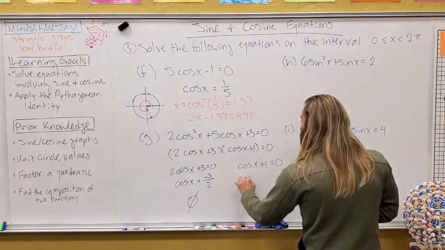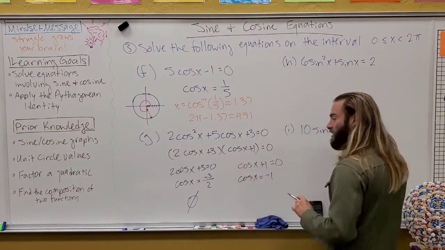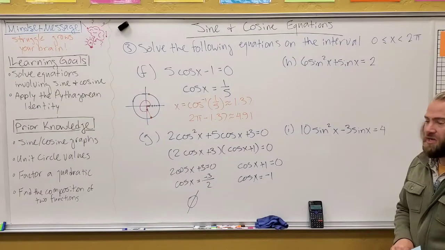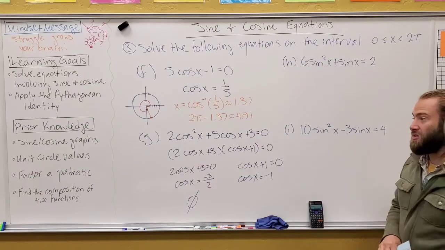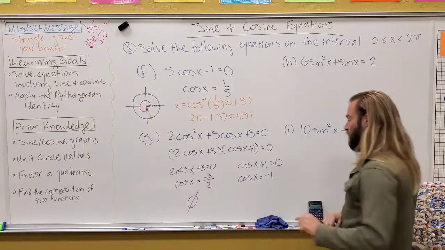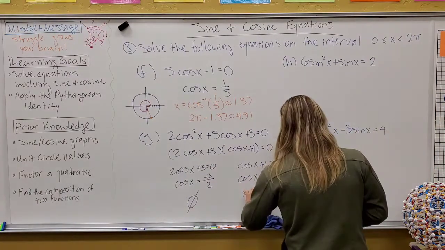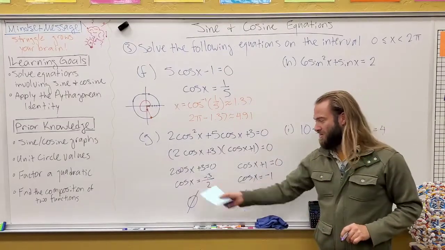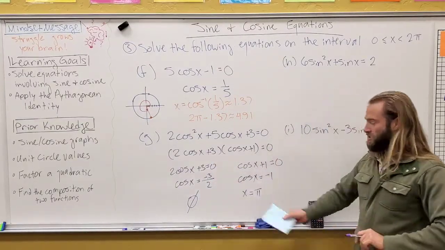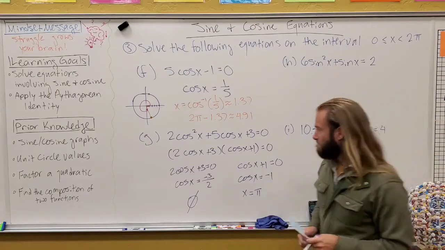And this leads to cosine x equals -1. And we can think, okay, when does cosine x equal -1? There's only one angle on the unit circle that works, and that's x equals pi. So my only solution for this equation, which may have had other ones but didn't, ended up being x equals pi.